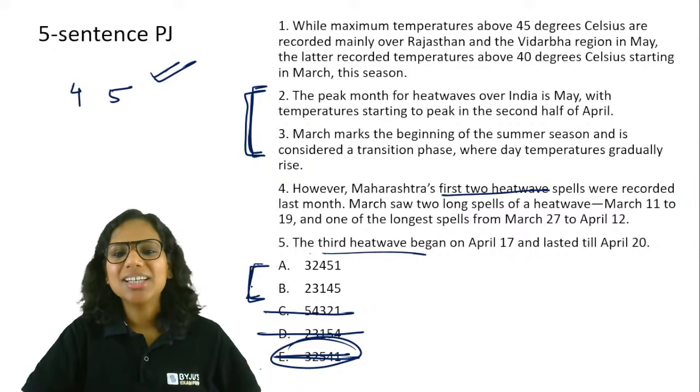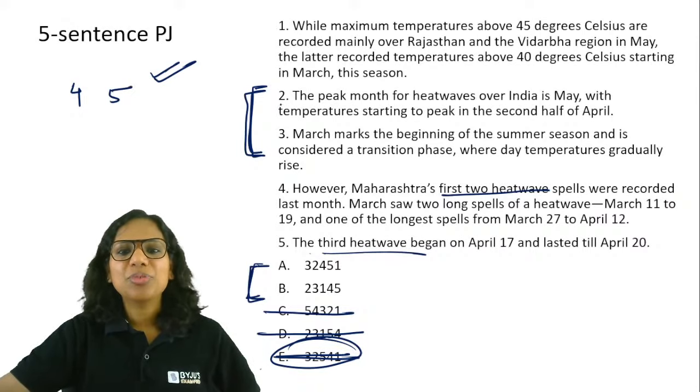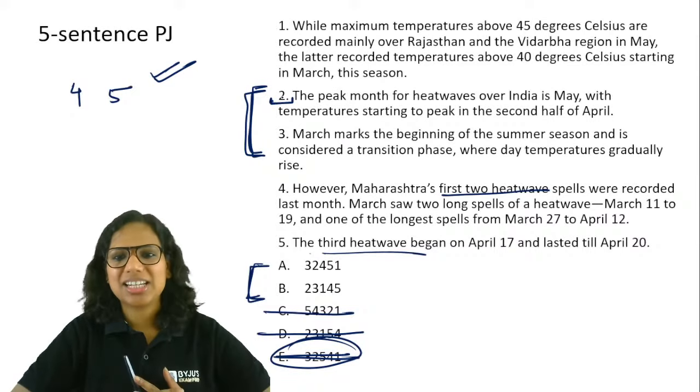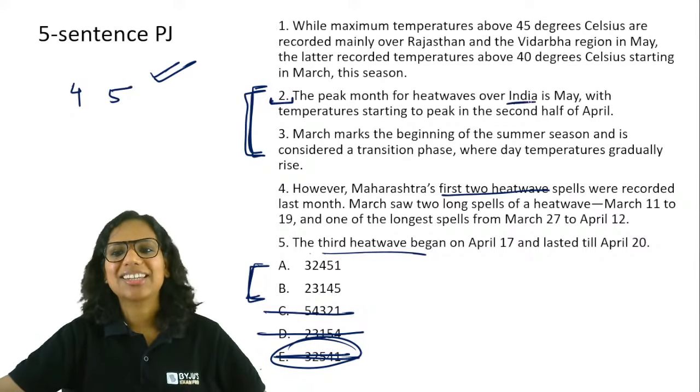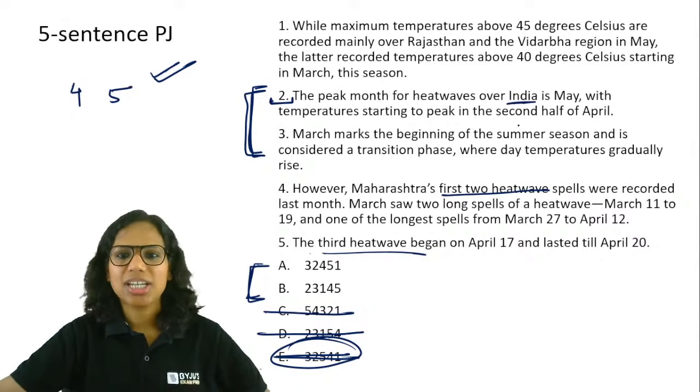I just have to decide which should be the opening sentence out of these two, which makes for a better flow. We are tempted to think of 2 as the opening sentence because it says India, so we think this provides us context.